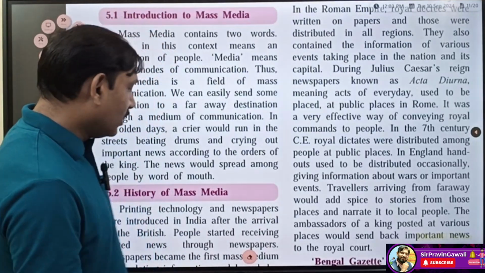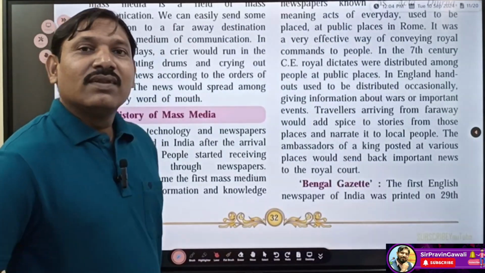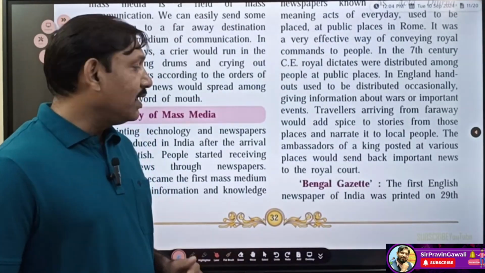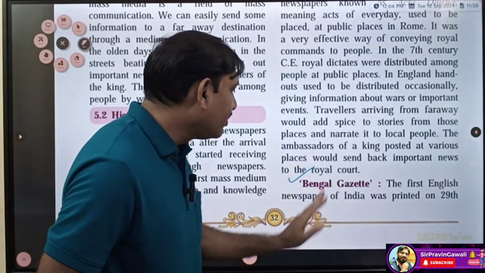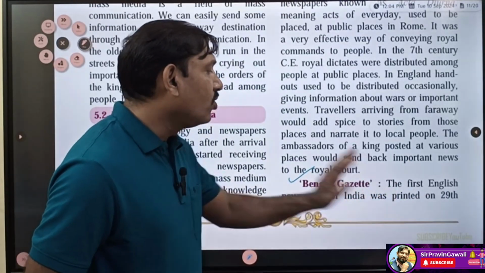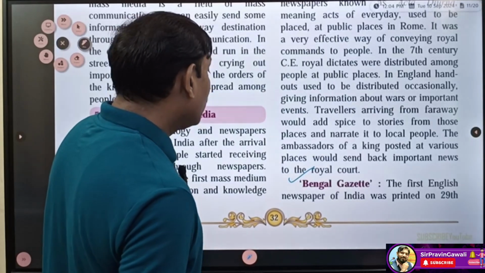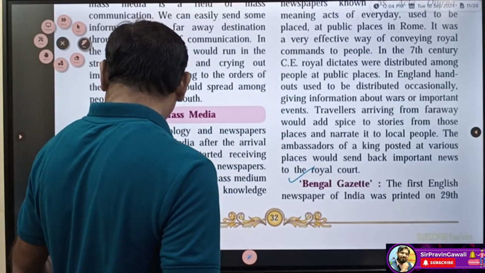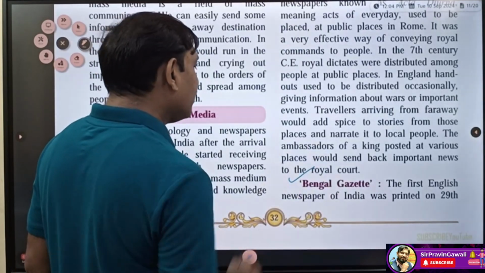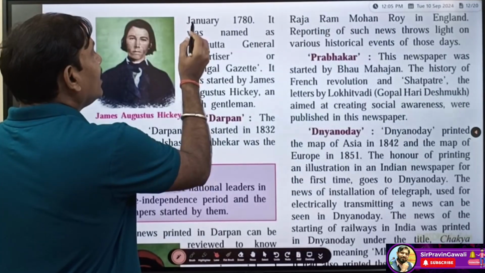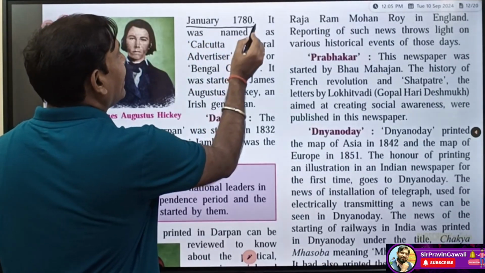Okay, now next, students, we are going to learn the history of the mass media. So first, the Bengal Gazette, the first English newspaper of India, was printed on 29th January 1780.